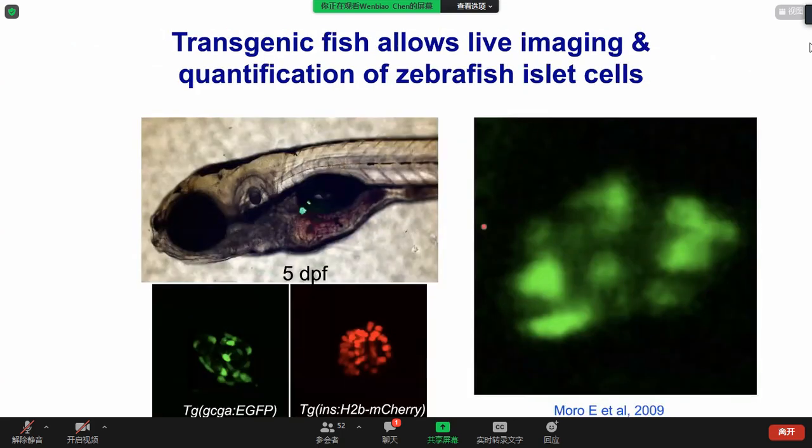Another easy thing to do in zebrafish is to generate transgenic animals. And this has been very efficient.